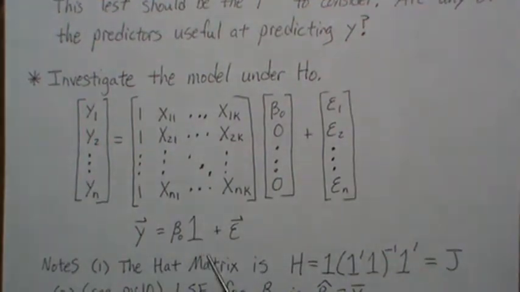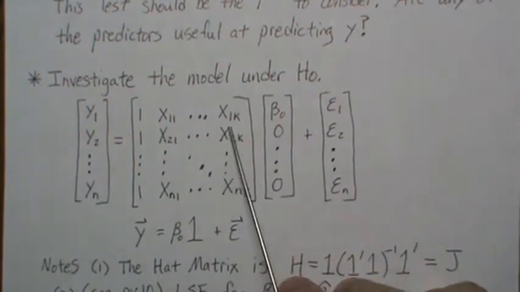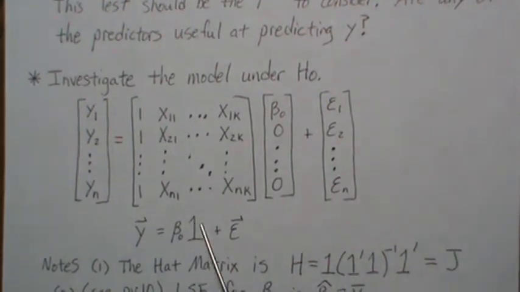Now, one note though: remember that if these were not 0, and this is the design matrix, the hat matrix would be X (X'X) inverse X', where that's the transpose. But our design matrix gets rendered down to this column vector of 1s. So X is really just 1, and that's what this represents.